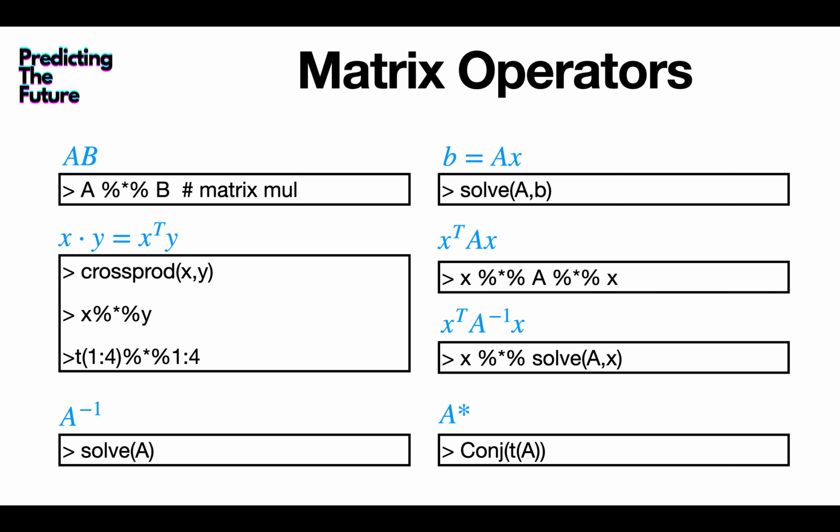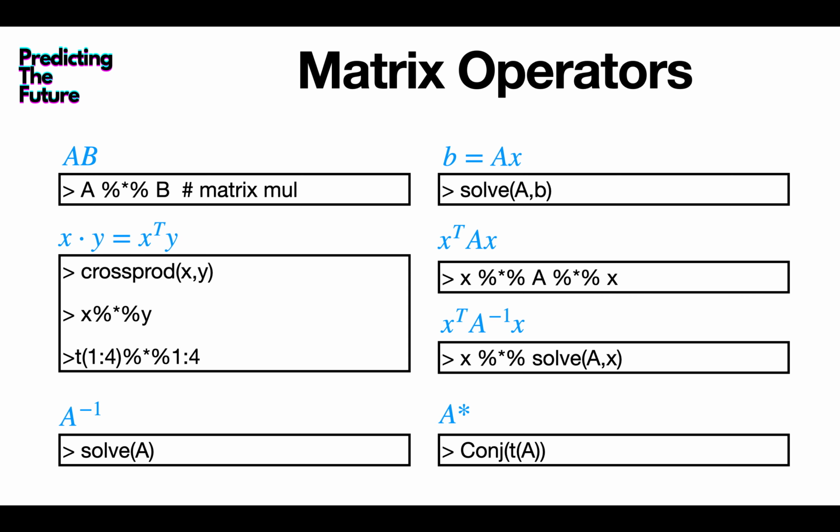Solve takes matrix A, and then the second parameter is the output B, and that will give us the answer for X. So as you see here, the solve function is used not only for inverse, but mainly for solving linear equations. So solve can be used either as an inverse or for solving a linear equation.